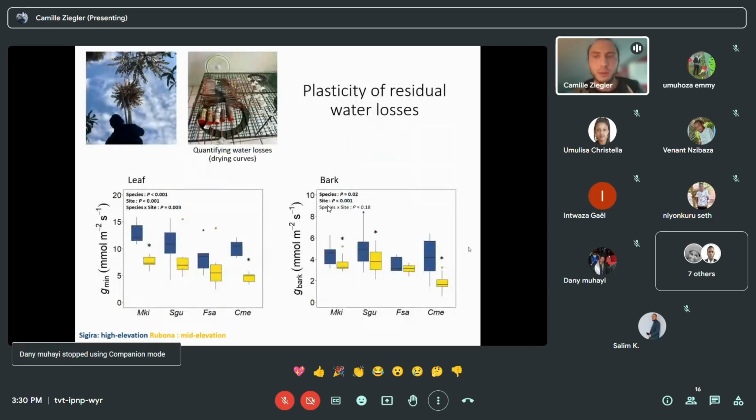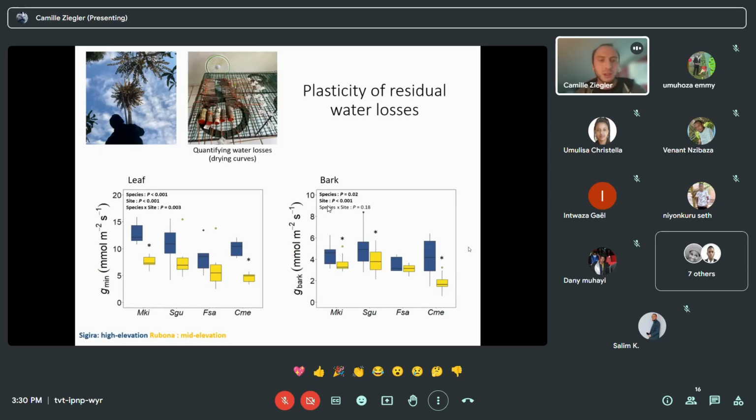Now if we look at residual water losses, on the left panel here, we have leaf residual water losses, G-min, and on the right, bark residual water losses. So we see generally a similar pattern.